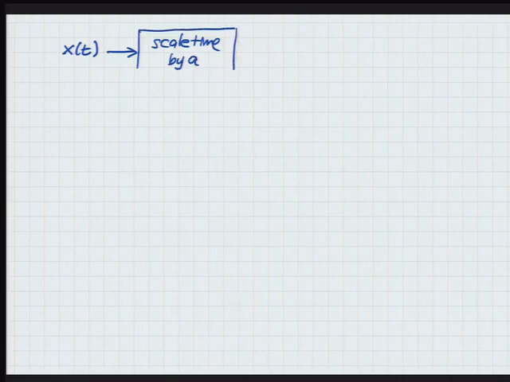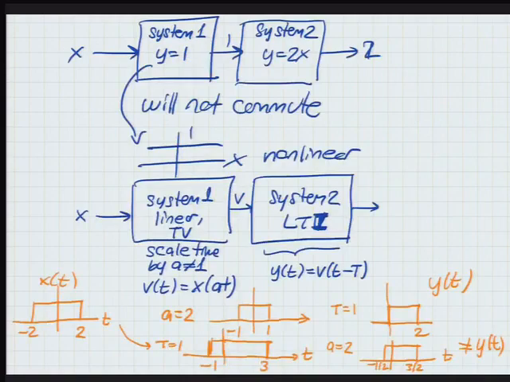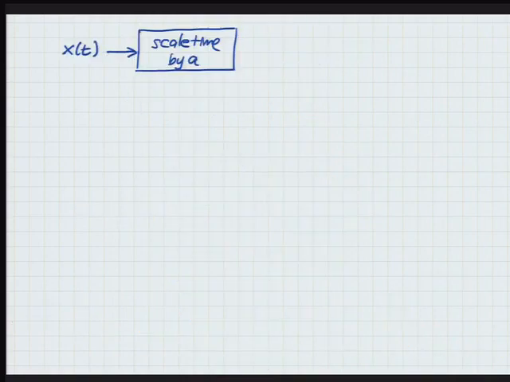So in this example, we passed x of t with the first system that scales time by a, right? So the output, what did I call the output? Was it v? So v of t is equal to x of a t.